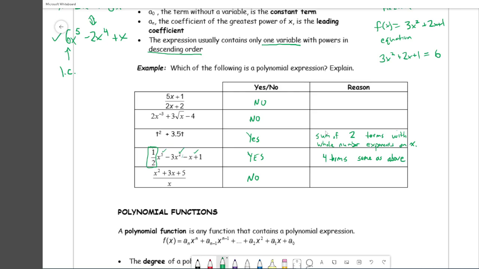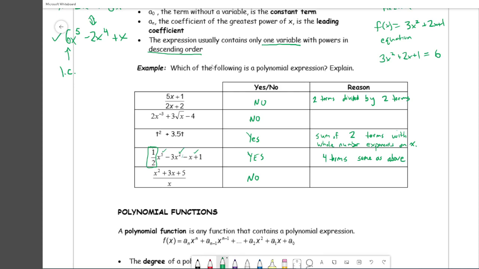In the first one, here you have 2 terms divided by 2 terms. That's no good to us because the only way for something to be a polynomial is if all the terms are added or subtracted. You can't have something being divided like this on the bottom, at least not something with a variable.